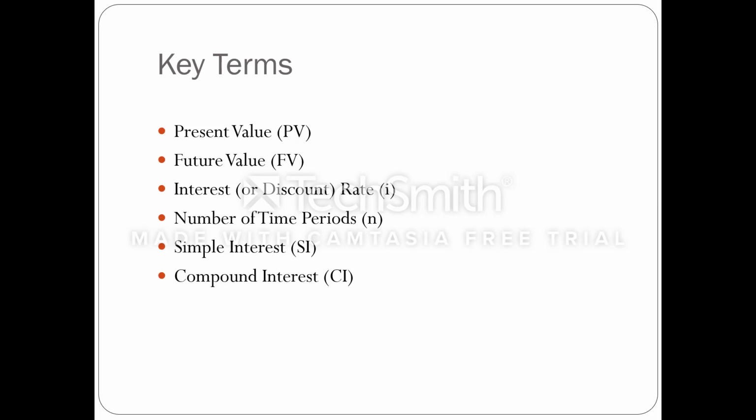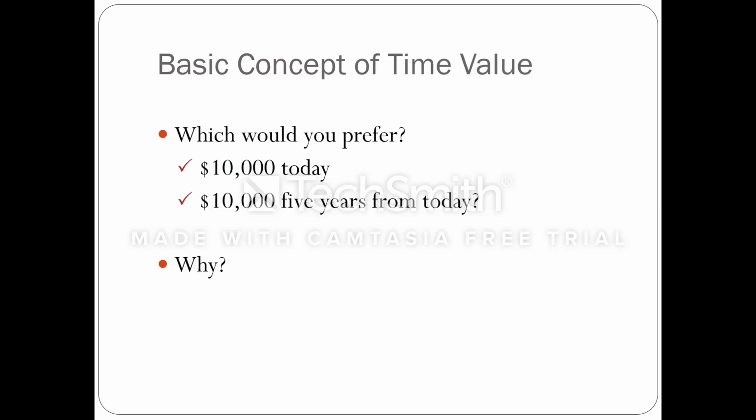So if someone gives you the option to select from these two, whether you can get 10,000 today or 10,000 5 years from today, what would be your reply? Most probably everyone will say that we need 10,000 today, rather than 5 years onwards.